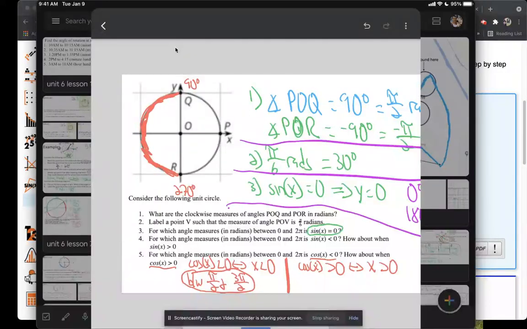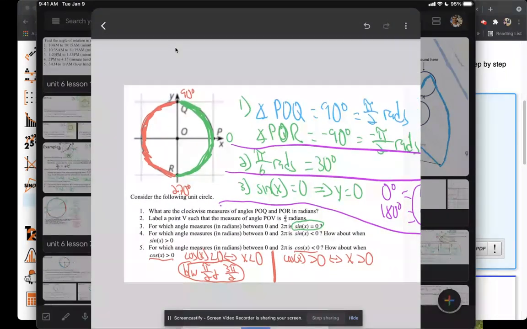So if x is less than 0 on the left-hand side of the circle, then if we use a different color, x is going to be greater than 0 on the right half of the circle. Okay? So this will be between 0 and 90 and 270 and 360. So this part, the top part is going to be between 0 and 90.